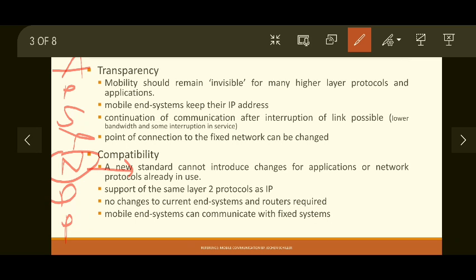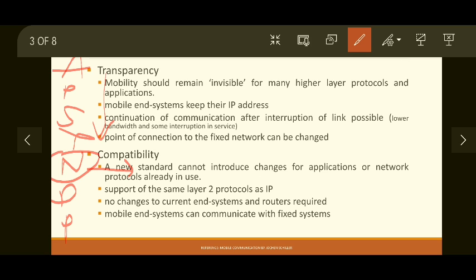Why? Because other higher layers are not concerned with the location of the particular destination user. Mobility should remain invisible, meaning higher layers should not notice whether a destination node is a fixed node or a mobile node.